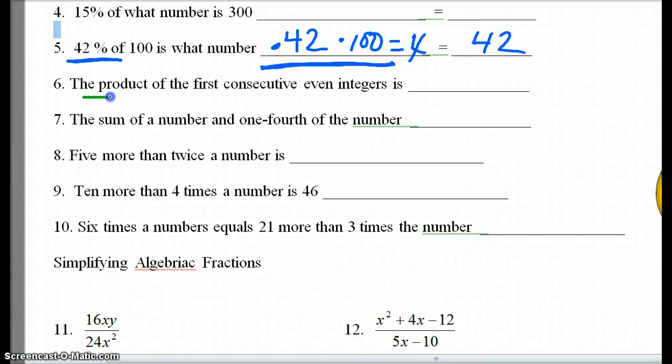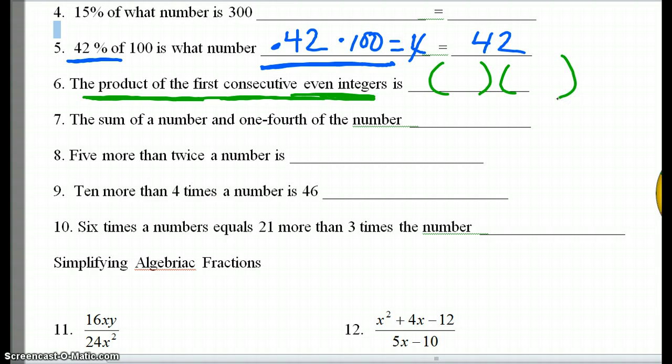Example 6 says the product of two consecutive even integers. So the product, I'm looking for a multiply of something. Now what is an even integer? An even integer is 2, 4, 6, 8. So we're looking for some consecutive, which means one after the other.